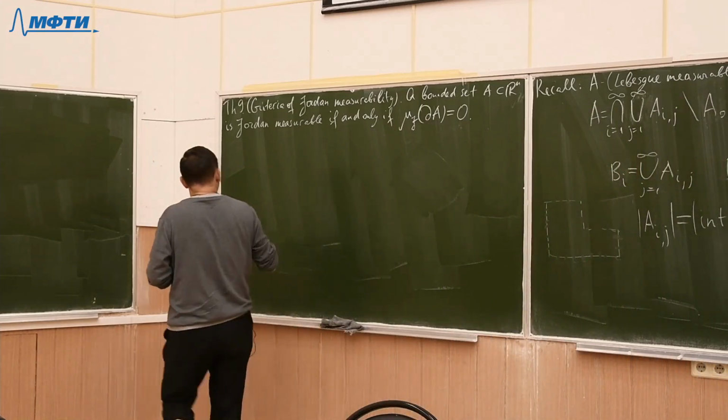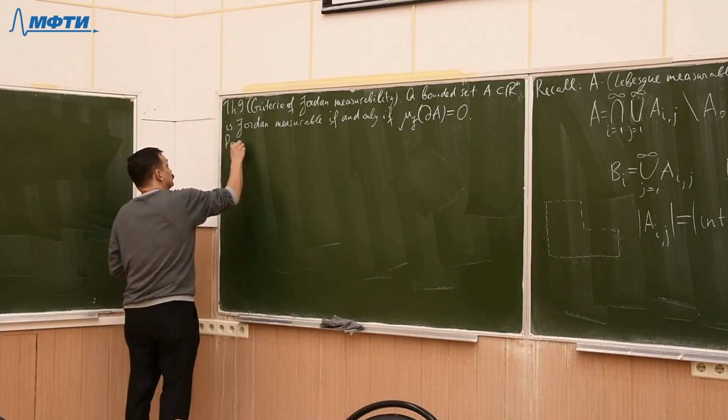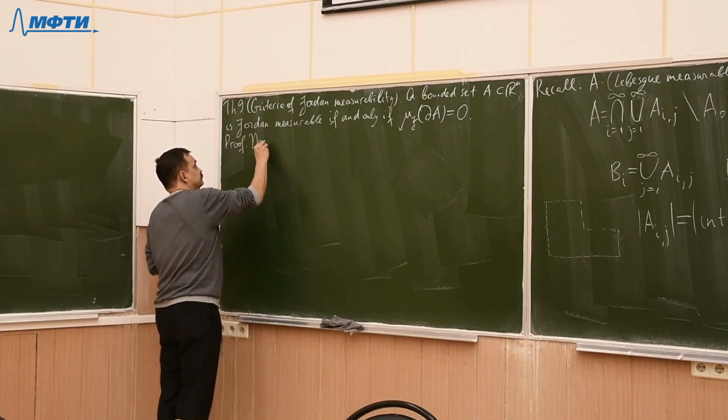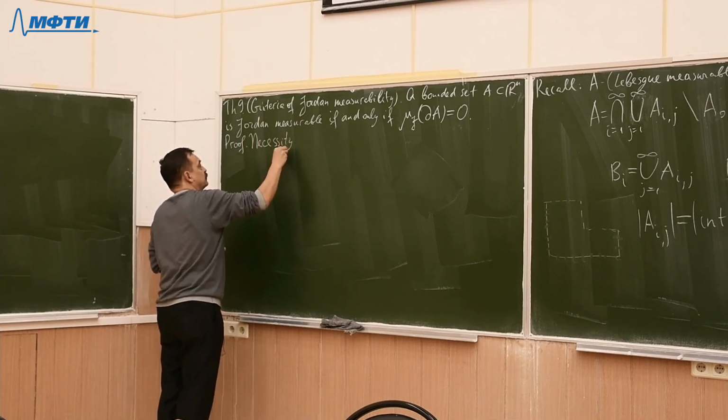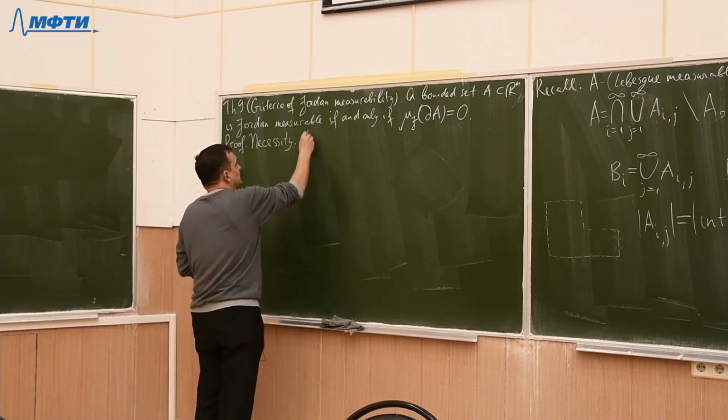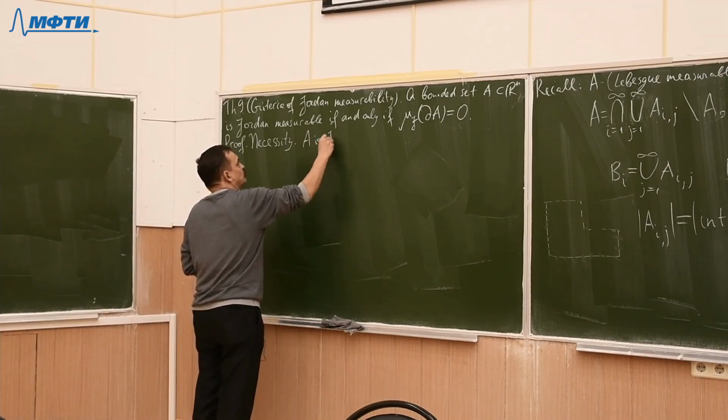So let us prove. I'll start with the necessity part. So we suppose A is Jordan measurable.